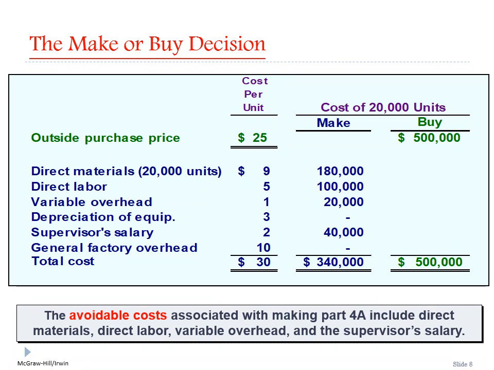To make this decision whether to make or buy this part, we will compare the cost of making this part with the cost of purchasing this part. So we will have 3 columns, one for cost per unit, and 2 columns, one for making this part and the other one for purchasing this part.